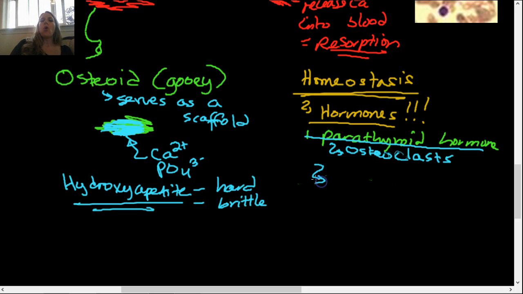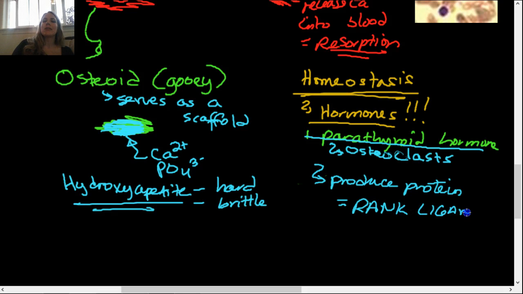Well, that hormone, and remember hormones are molecules, right? They're proteins. And so that protein is going to reach osteoclasts on the cell membrane, and it is going to tell those osteoclasts to produce a special kind of substance, a protein, and we're going to call that protein rank ligand.